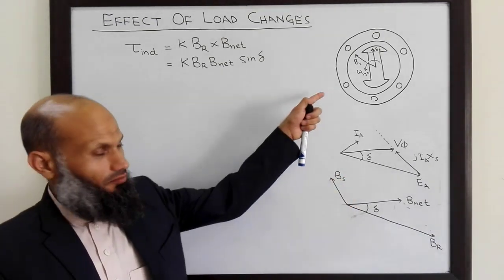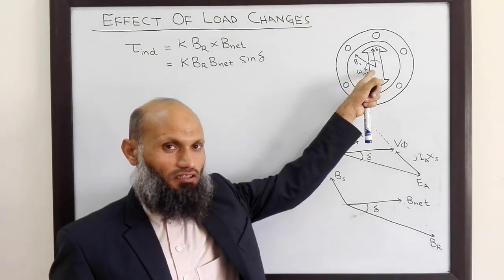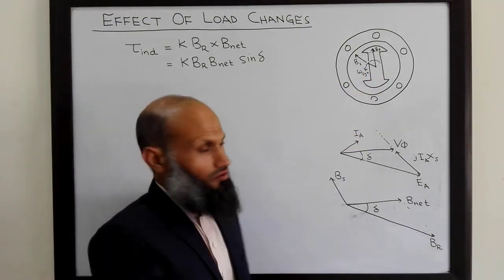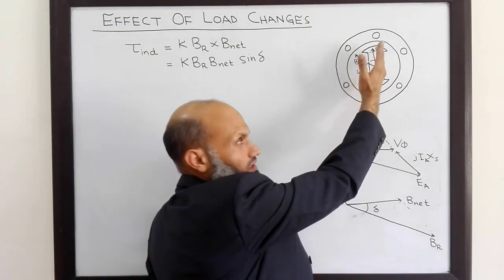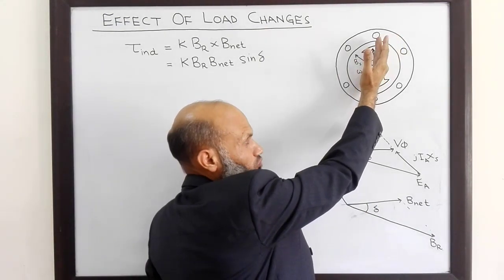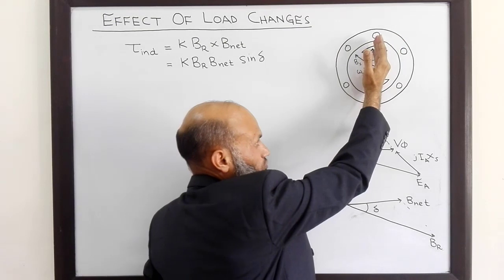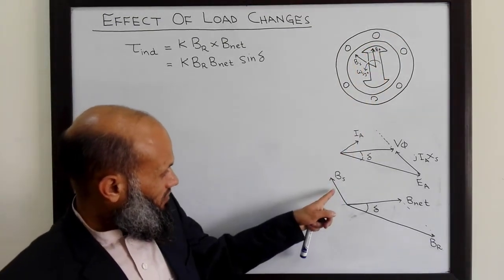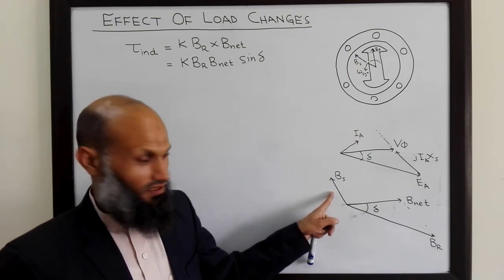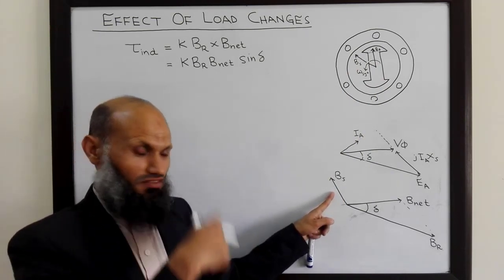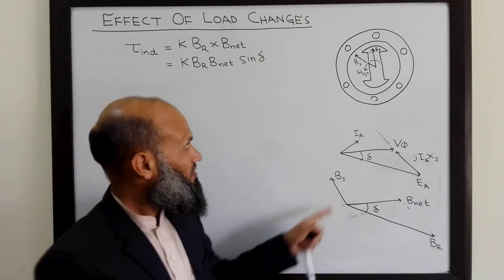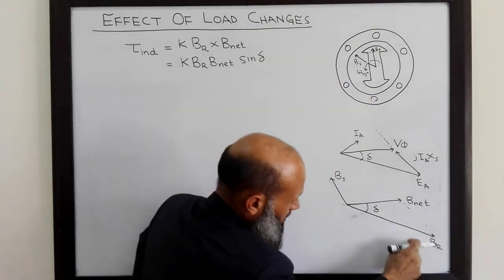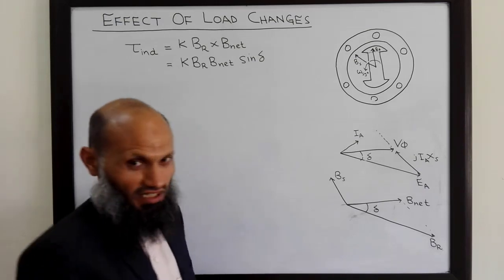So what will happen when the mechanical load connected to this synchronous motor is increased? When the mechanical load connected to the shaft of the motor is increased, the rotor will tend to slow down. However, because Bs is rotating with uniform velocity equal to omega sync, Br will lag further behind it.